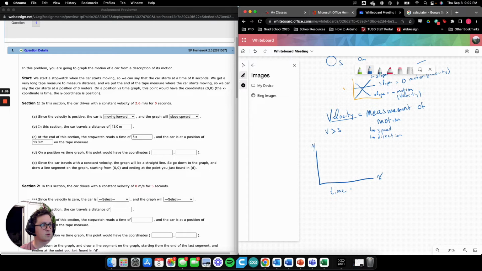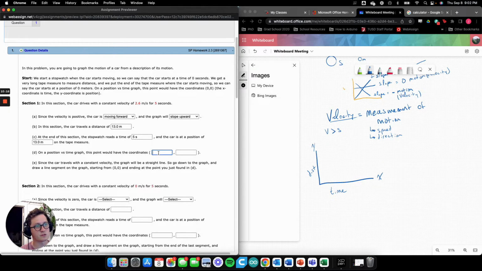Time is on the x-axis, distance is on the y-axis, always, always, always. There are some reasons for this. I'm not going to get into it, but it's always in this configuration. So time goes first. So we're going to put 5 and 13.